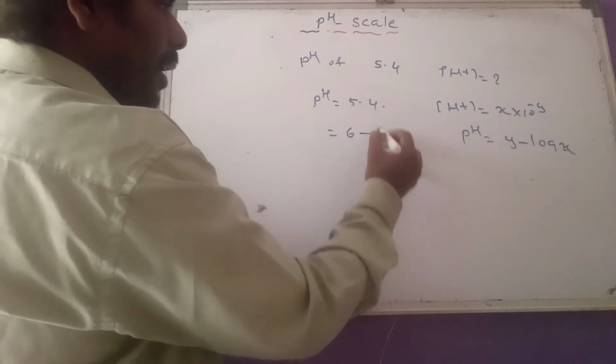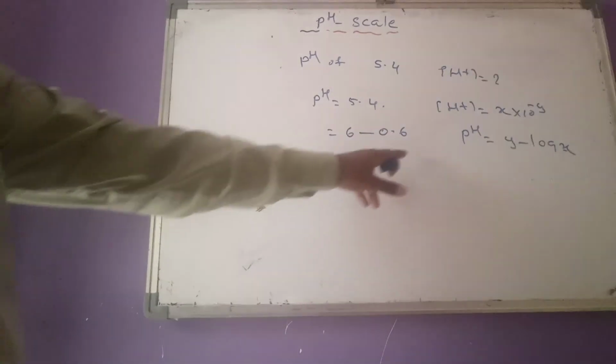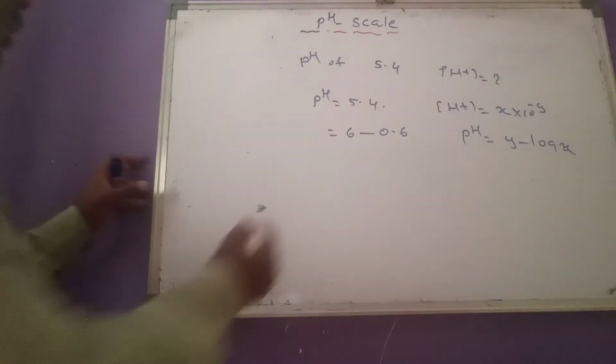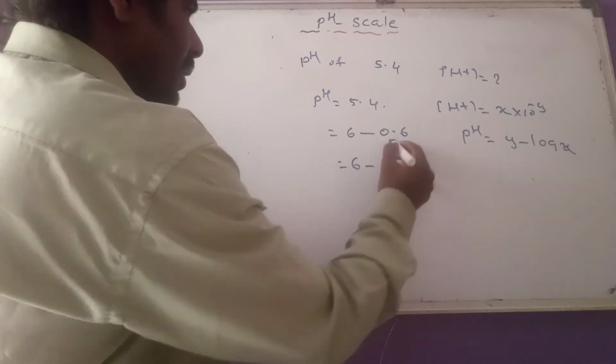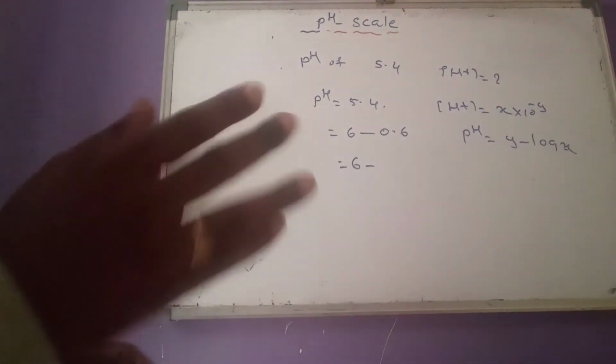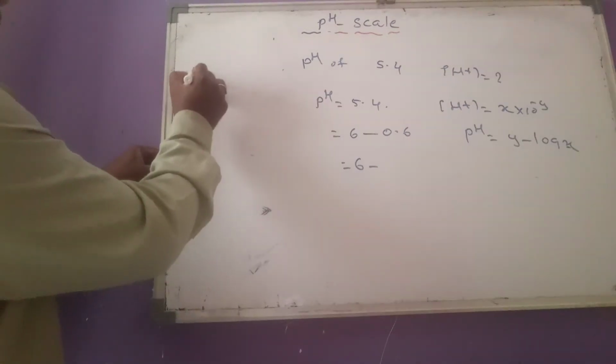So 6 minus 0.6 gives us 5.4. Now let us try to write 0.6 in the language of logarithm. So we should know logarithm values.